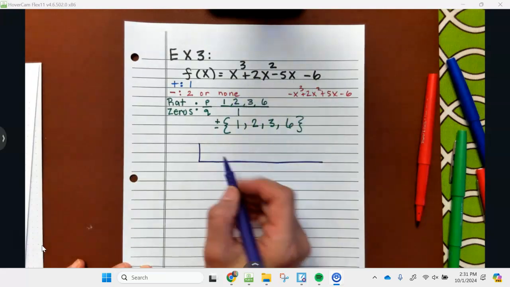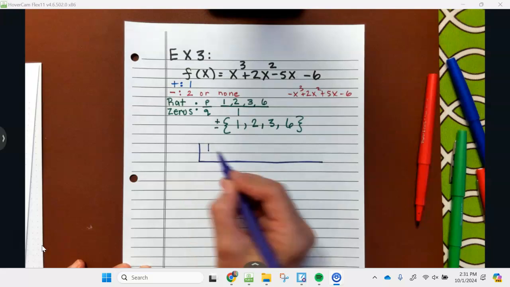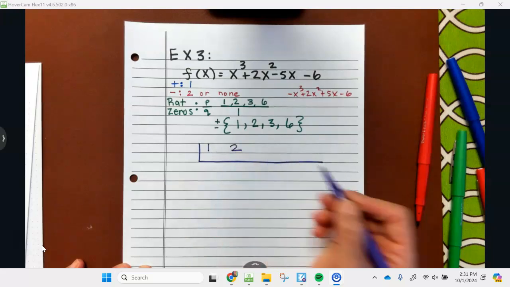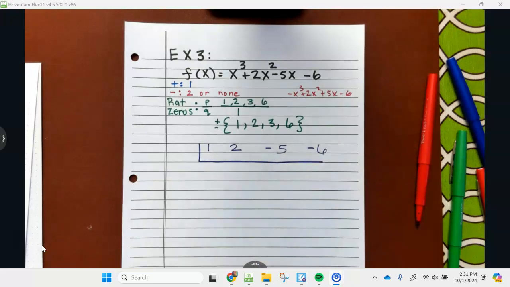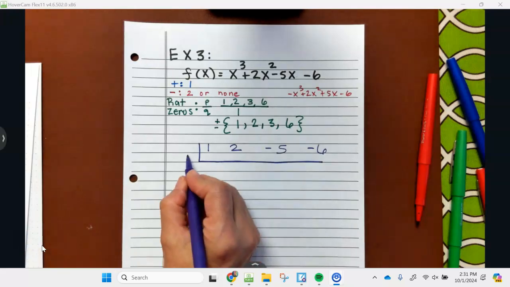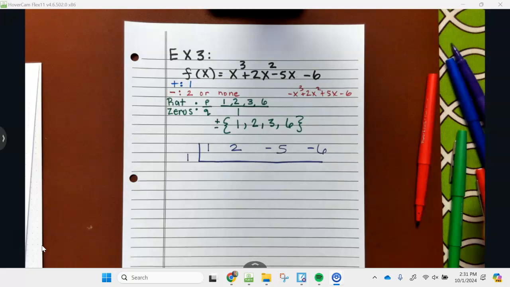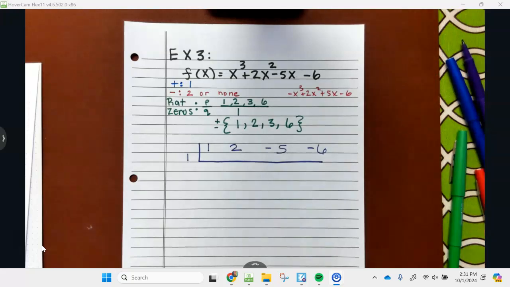So we're going to list these coefficients. So this time it's a positive 1, a positive 2, a negative 5, and a negative 6. And I'm just going to try positive 1. I'm going to put a positive 1 right here, see what happens. All right, let's run through this synthetic division business.